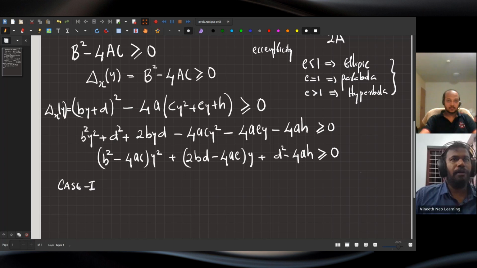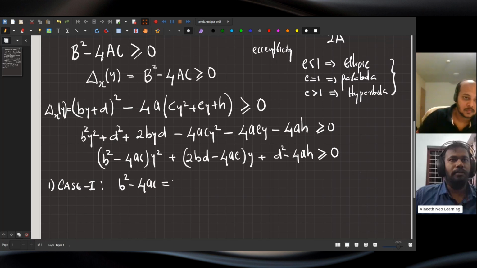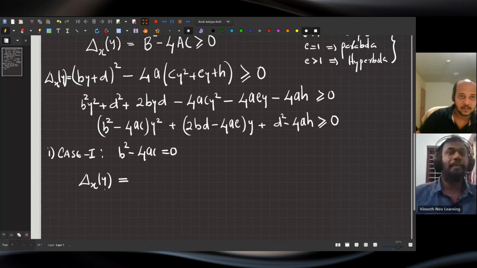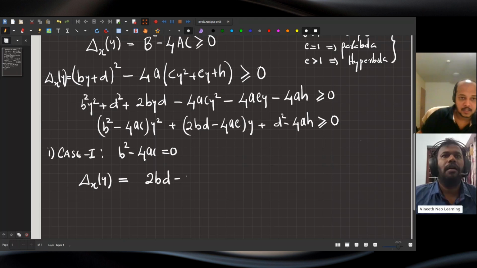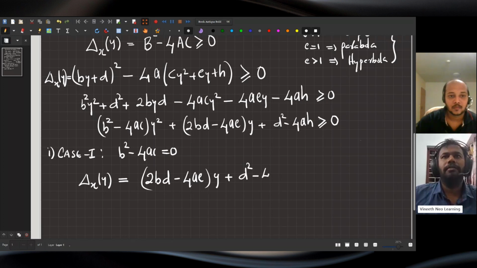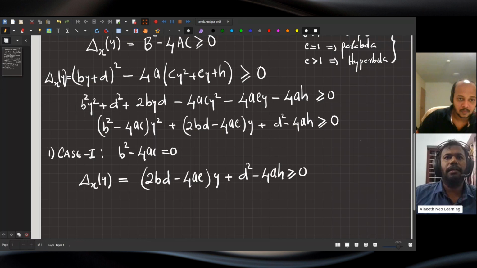Then our discriminant delta x of y will be equal to (2bd minus 4ae) multiplied by y, plus d squared minus 4ah, which should be greater than or equal to 0.